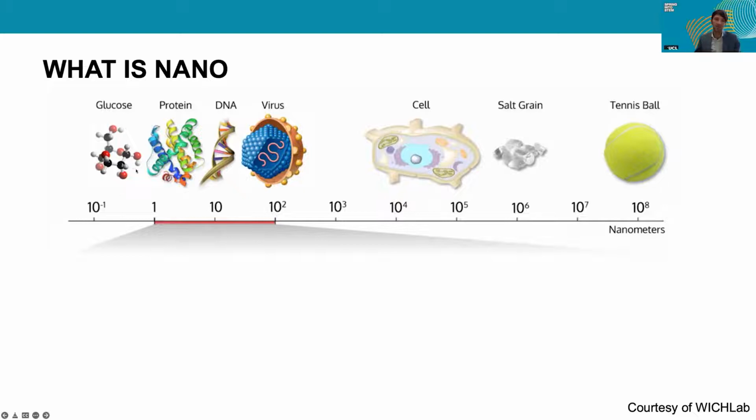So here we can see a protein is roughly on the length scale of a nanometer. DNA is roughly on the length scale of a nanometer. And then a virus is typically on the length scale of 100 nanometers. So that would be 10 times, 100 times, probably around 1,000 times smaller than the length scale of a cell. And it would be 10, 100, 1,000, 10,000, 100,000, 1 million times smaller than the length scale of a tennis ball.